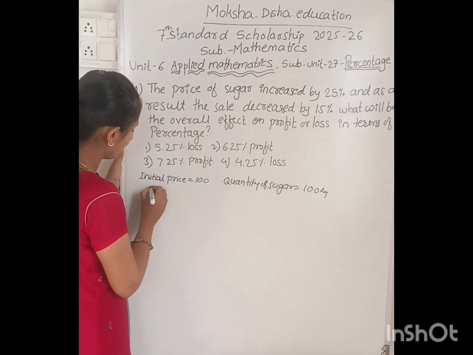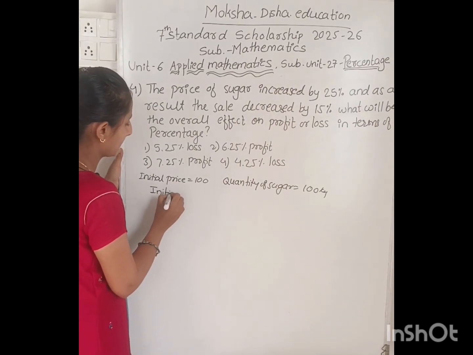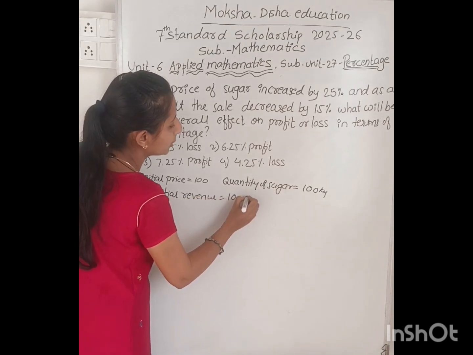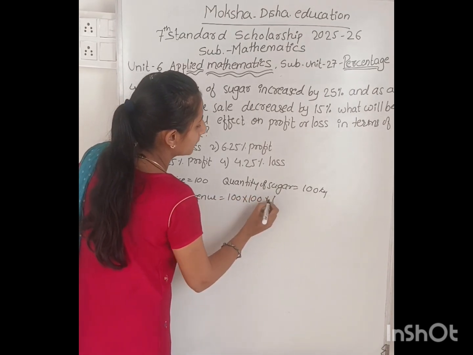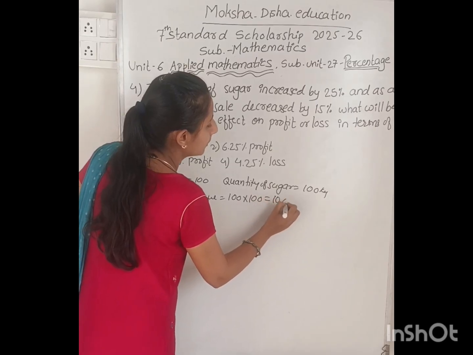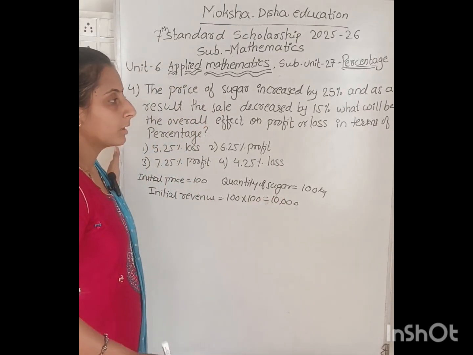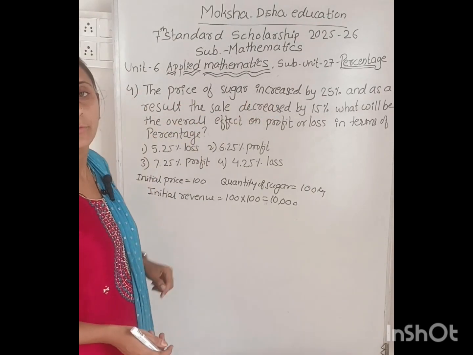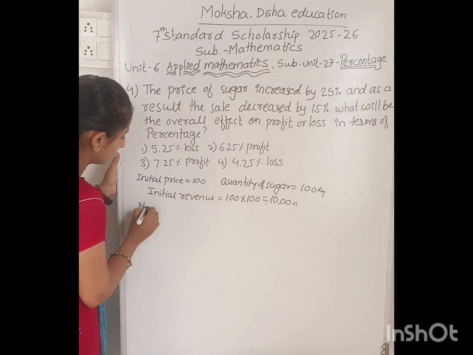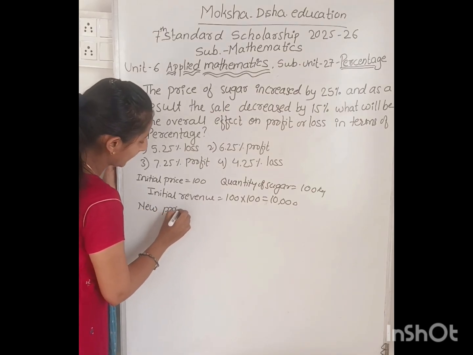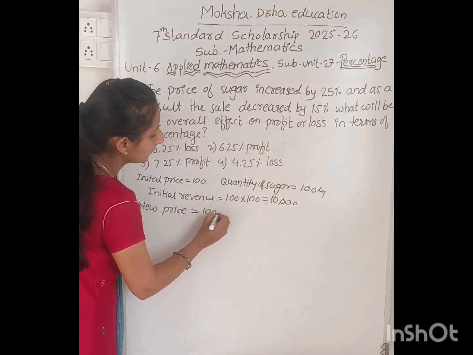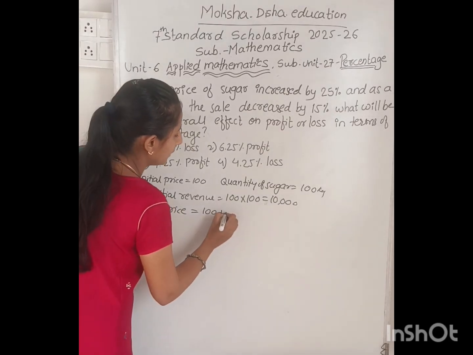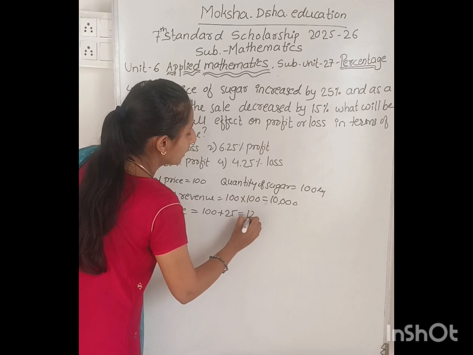Then initial revenue: 100 into 100 is equals to 10,000. Now we will find the new price of sugar which is increased by 25%. New price is equals to 100 plus 25%, means per 100 rupees 25 rupees increased, is equals to 125.